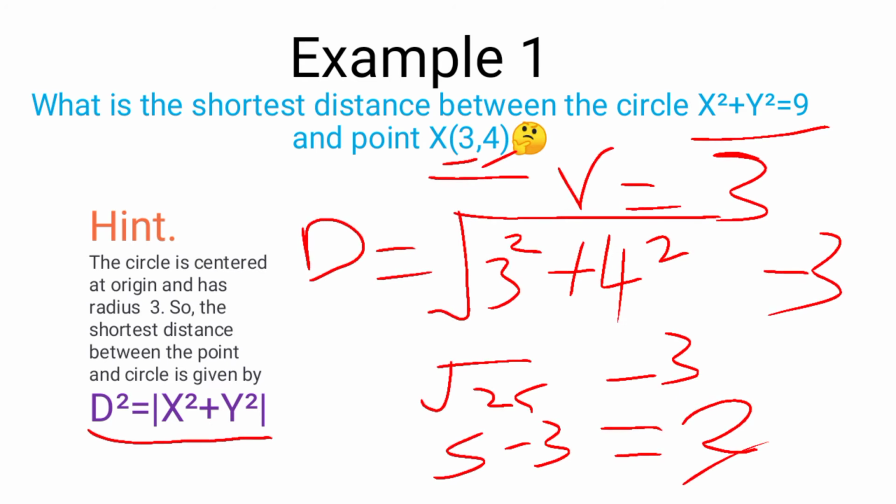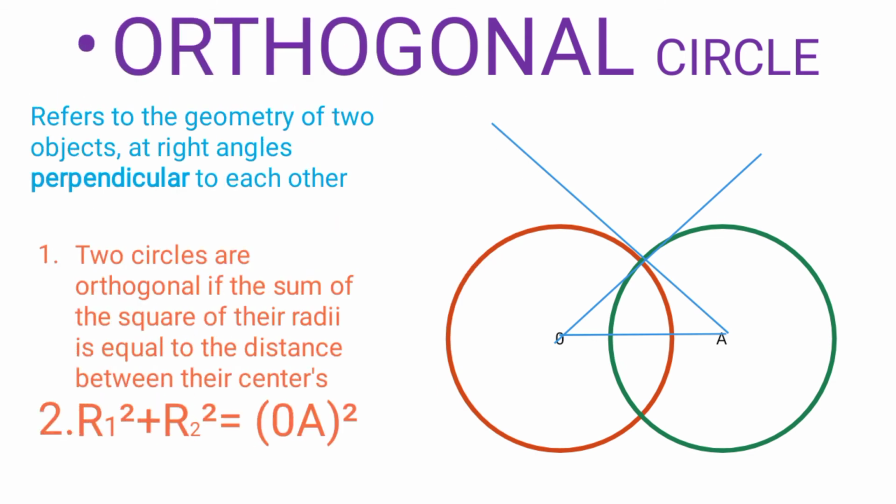Next is orthogonal circles. Orthogonal refers to the geometry of two objects at right angles, perpendicular to each other. So let's call this tangent 1, a tangent to this meeting point B. Let's call this radius 1 and this radius 2.